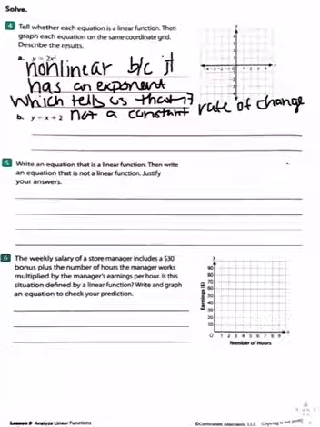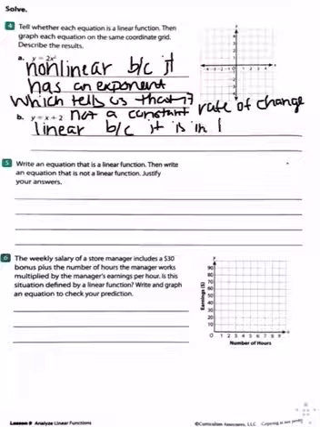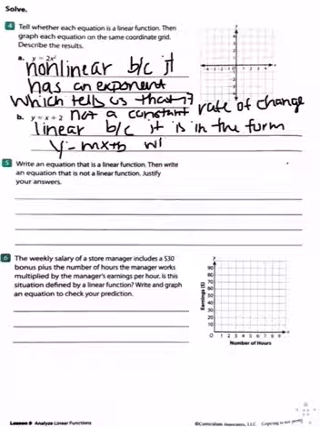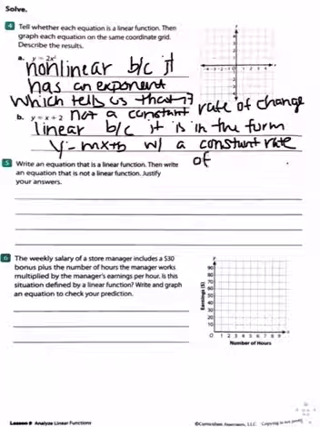The second equation is linear because it is in the form y equals mx plus b with a constant rate of change. I will come back to graphing problem number 4 at the end of this video.